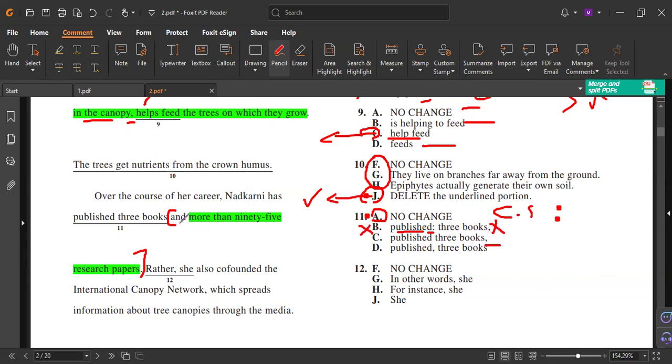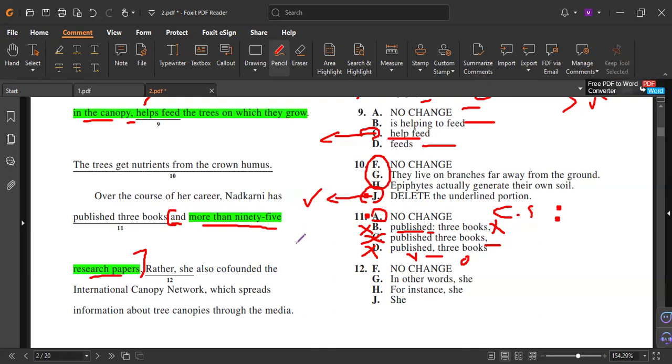So is "and" here fanboys? No, because the second part is a fragment, it lacks a verb. So C is wrong. Now again, do we have any reason for this comma? Wrong. Why? Because you separated the verb from the object by an unnecessary comma. So D is wrong.